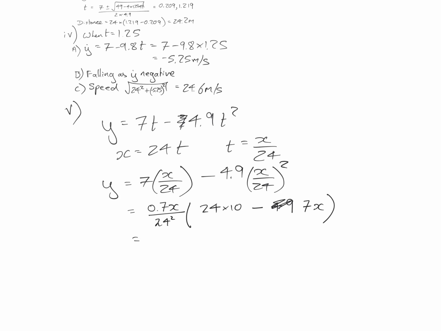So that equals 0.7x over 576, times 240 minus 7x. And I shouldn't really say this, but once you've written that line down, you could just write that one down.